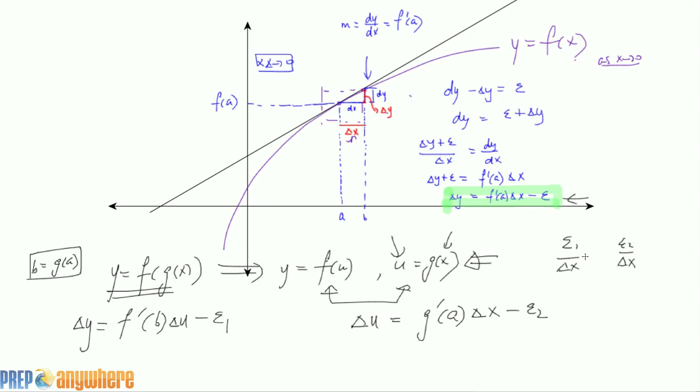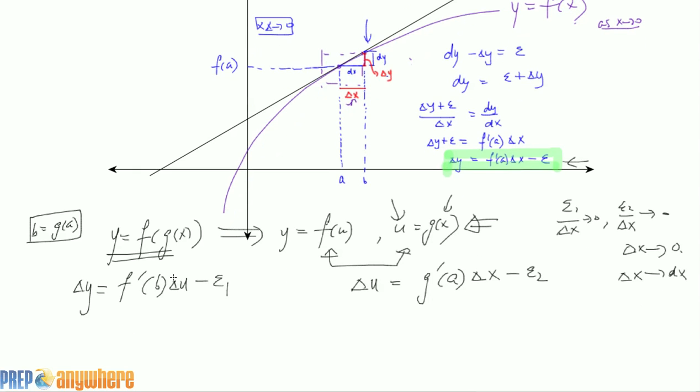They're small errors, and they're both going to approach 0 when delta x approaches 0. So essentially, delta x is approaching dx, the infinitely small differential change in x. Now I can replace that delta u with this. So let's do that.